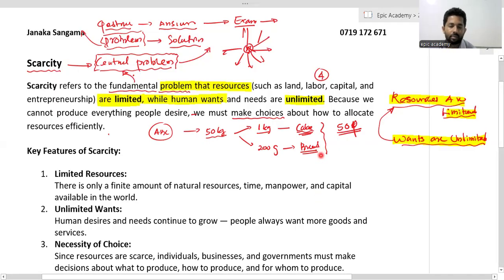On the other hand, just consider you are going to produce only breads. You need 200 grams of flour to produce a bread. Then you can produce 250 breads, isn't it? That's the theory. So you have limited resources.